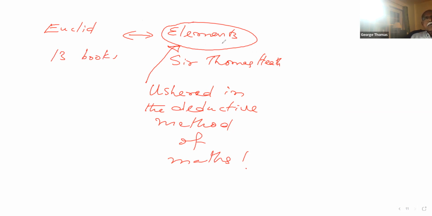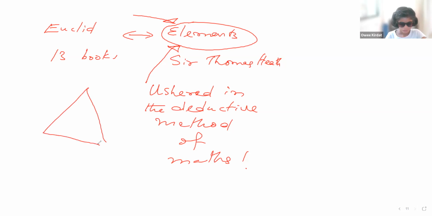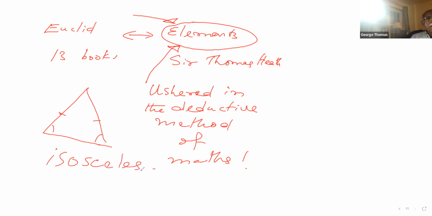In Greek, the translation of the word in English is elements, like fundamental. So make sure you buy that book. It has all these geometry theorems. Like, if you take a triangle, and if the legs are equal, the angles opposite the equal length legs are the same. This is called an isosceles triangle theorem.